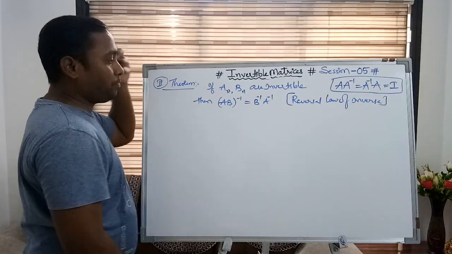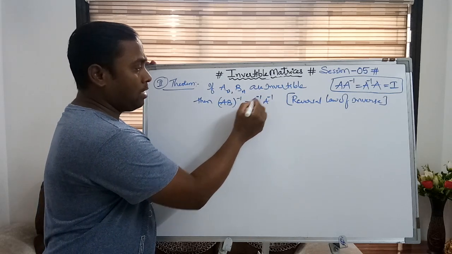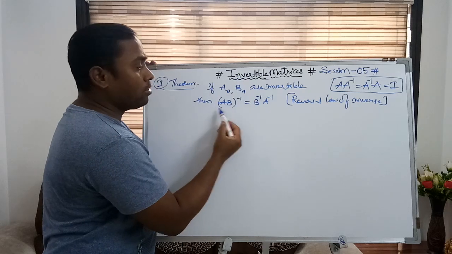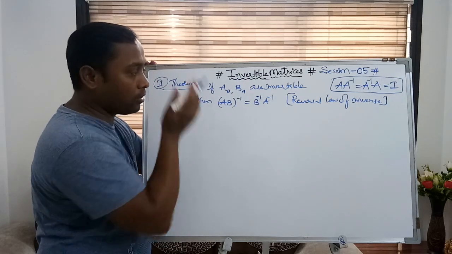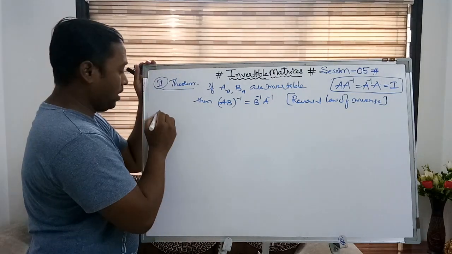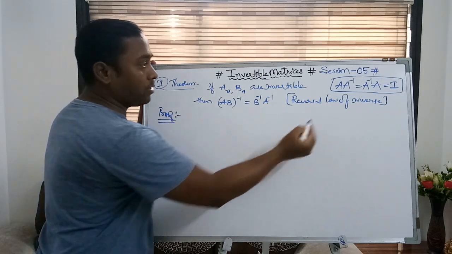Now here, A and B are what? Square matrices whose inverses exist individually. Then this theorem will be applicable: AB whole inverse is equal to B inverse into A inverse. Now we are going to prove this theorem. So here I am using the definition of an invertible matrix.